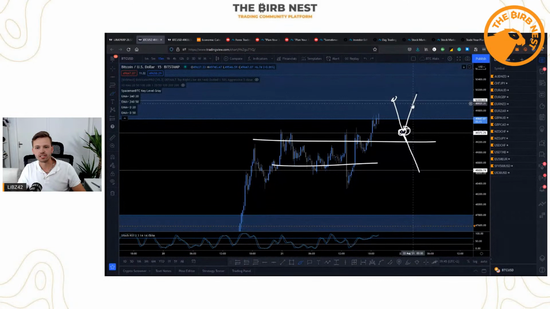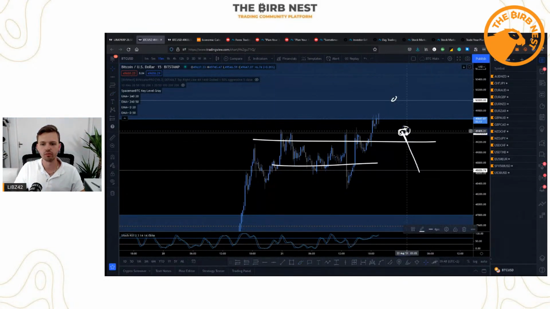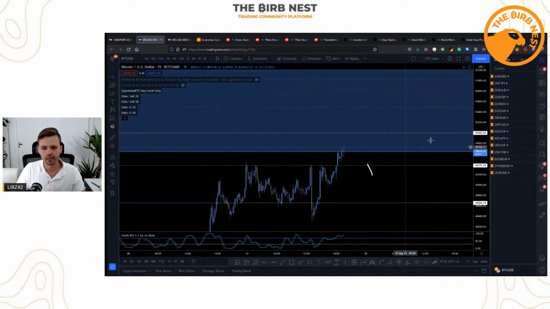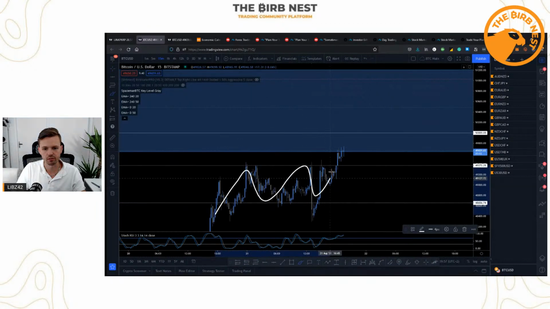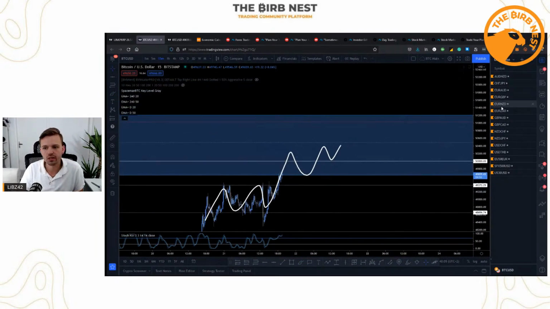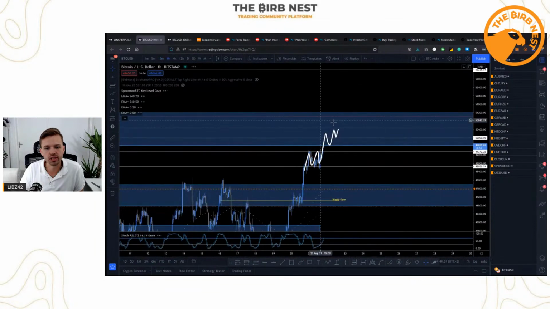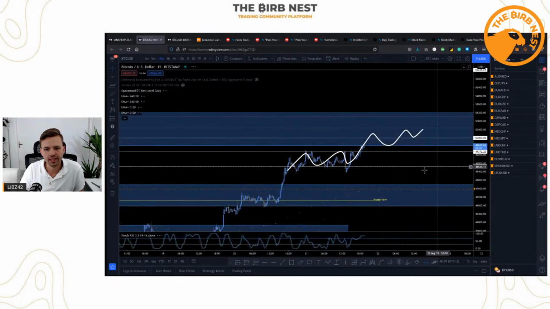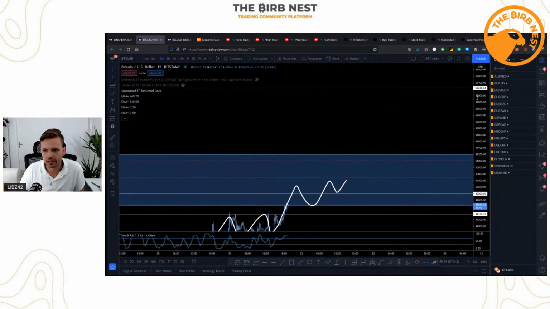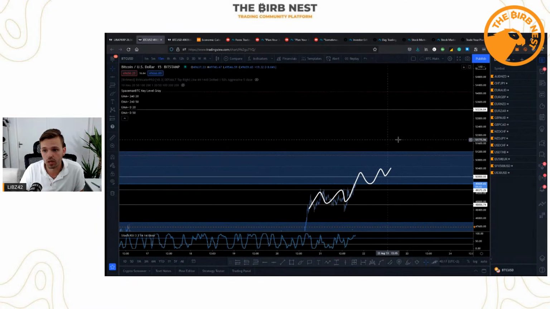But if we can establish some type of range above this range, like this, so we have some type of range right here, and if we can create some type of range up here with slightly higher highs and higher lows, and for the market structure to kind of look bullish on the 1-hour, I think it's quite likely that we will see a breakout, right? And if we do see a massive breakout, like I said, I'm going to be watching the 53K area right here.